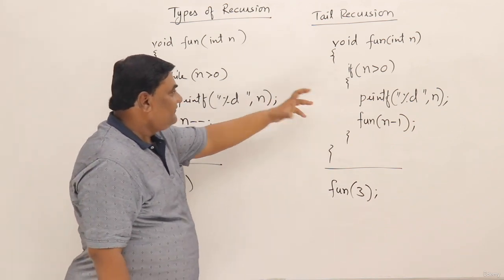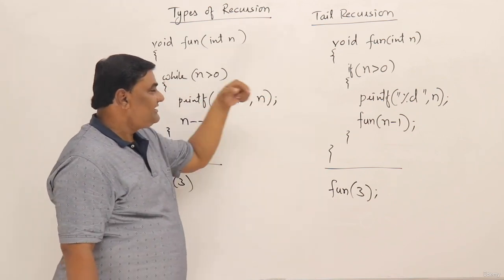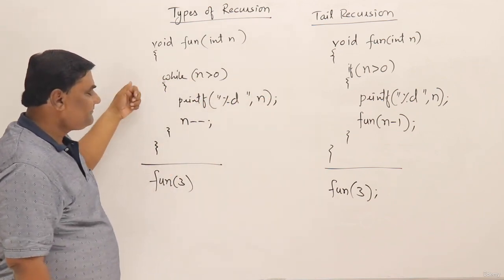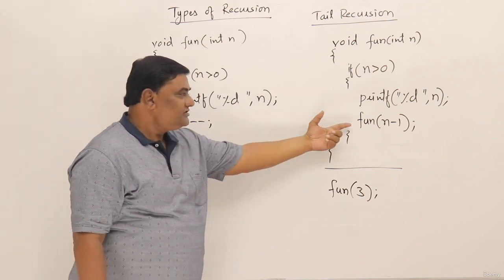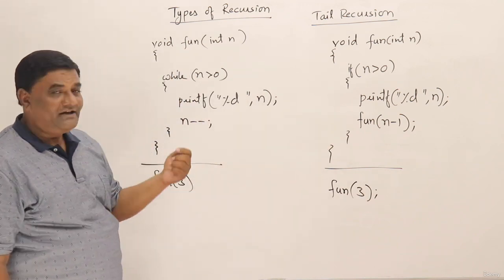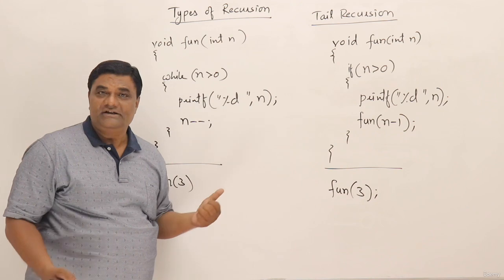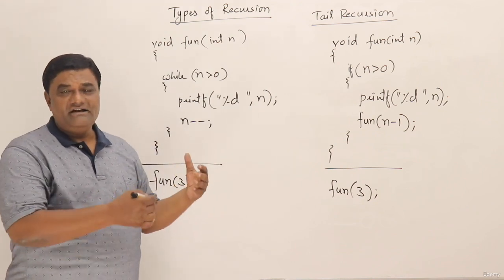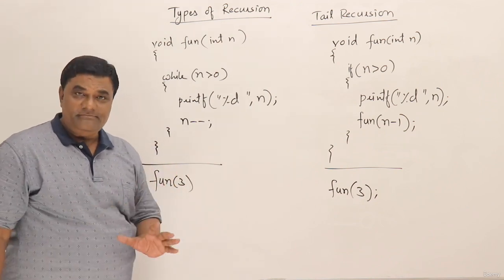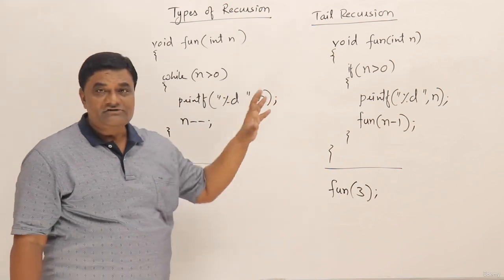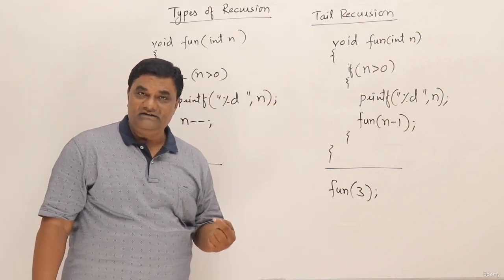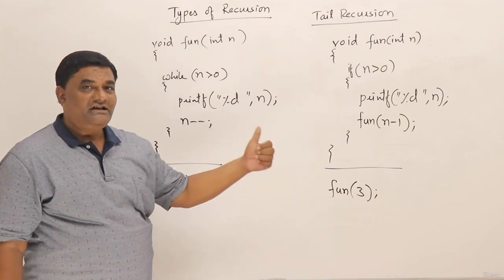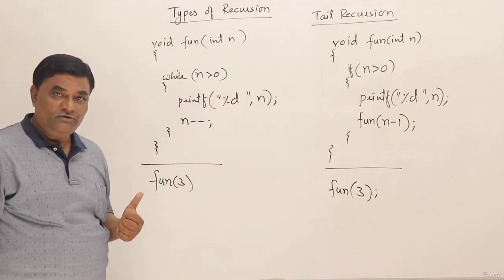As it is, I have converted it: instead of a conditional statement, I made it a loop, and instead of a function call with a decreased value of n, I have just written n minus minus. So the function is the same as that one. The output is the same, and the structure also looks more similar. The point that I have to tell here is that tail recursions can be easily converted into a loop.